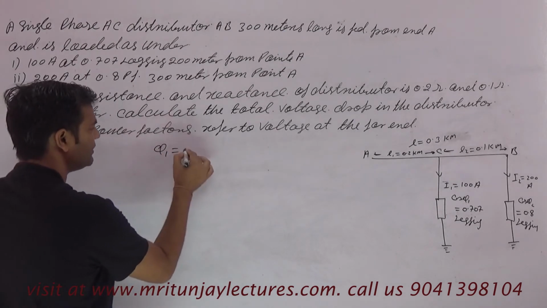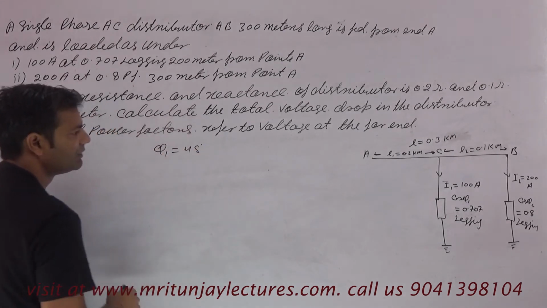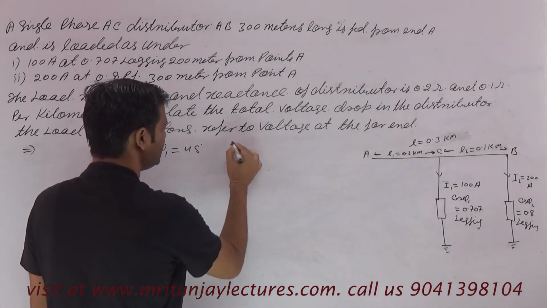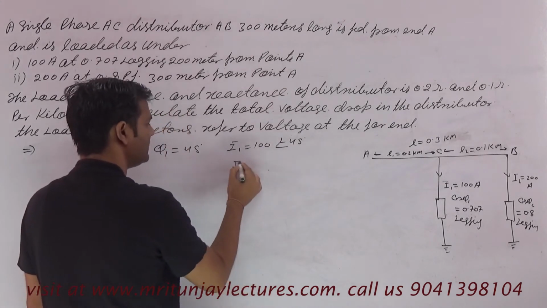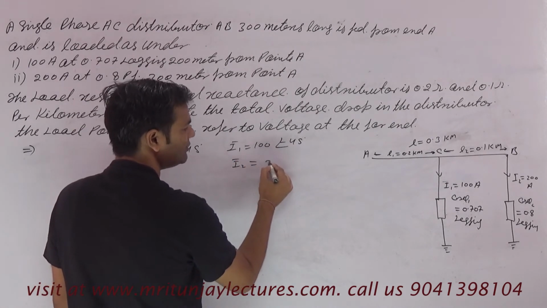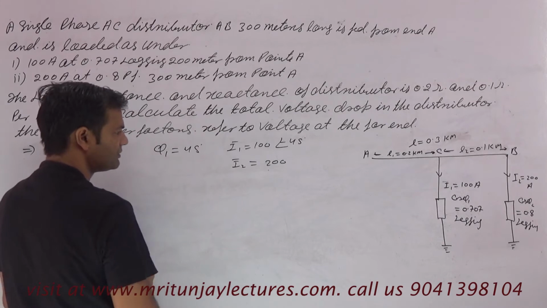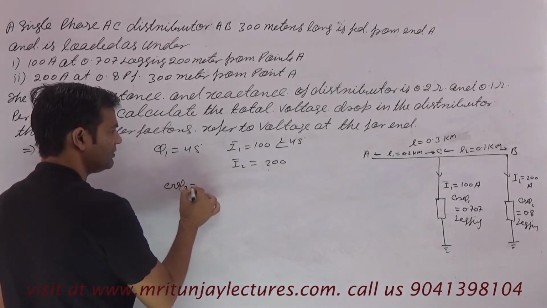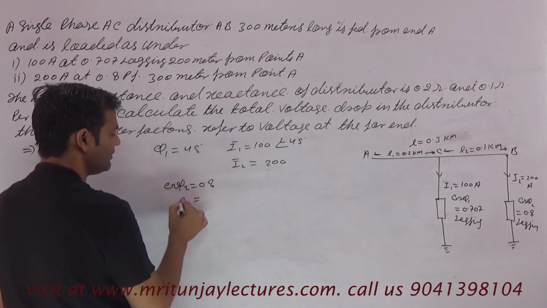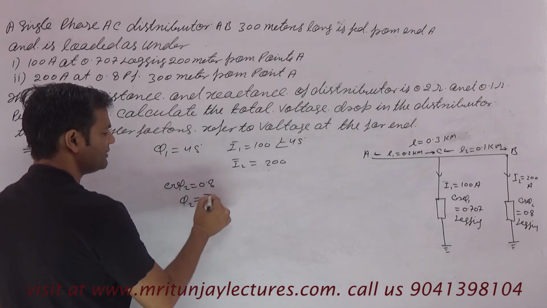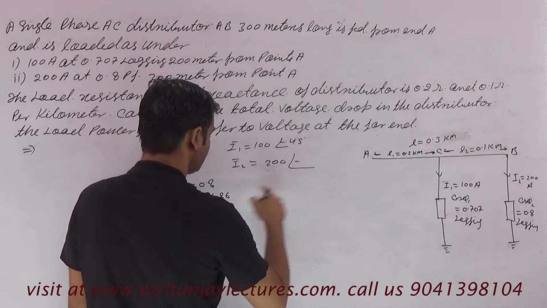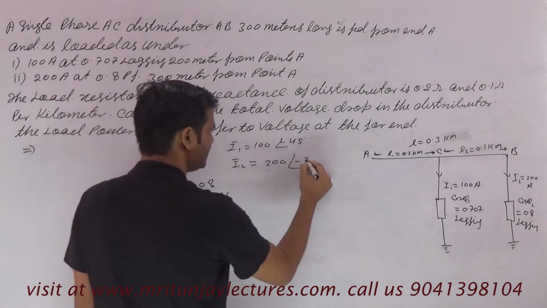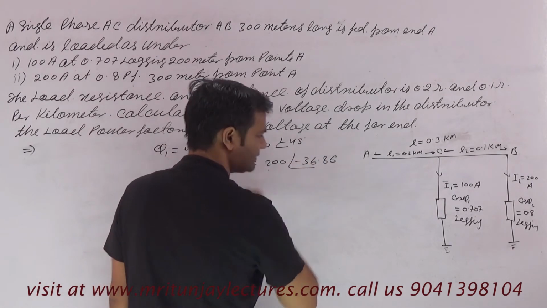First of all, what about phi 1? Phi 1 is 45 degree, and I1 is written as 100 at the angle minus 45 degree. Similarly, I2 is 200, cos phi 2 is equal to 0.8, so phi 2 is 36.86. This power factor is lagging, that's why it is written as minus 36.86.